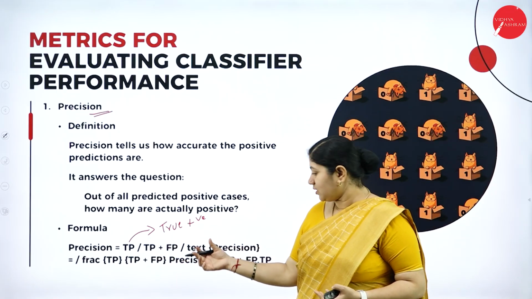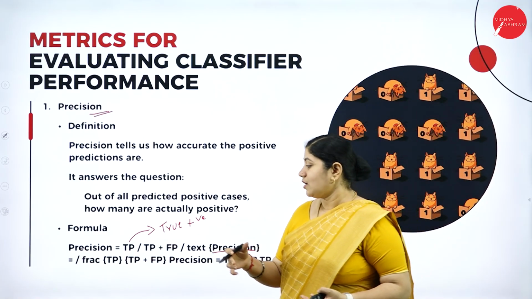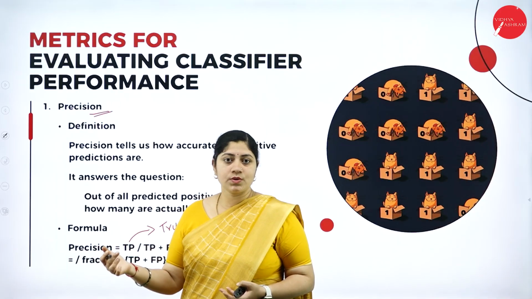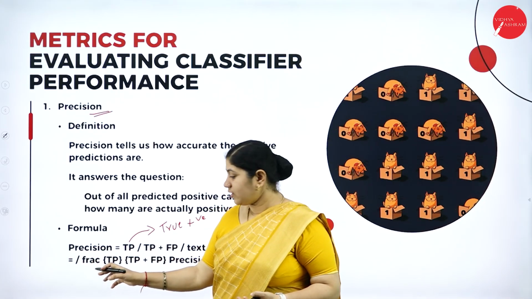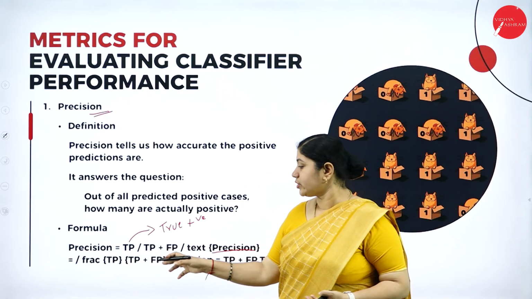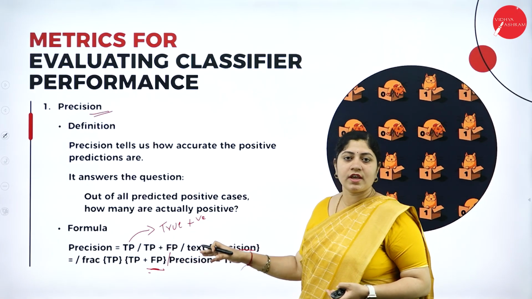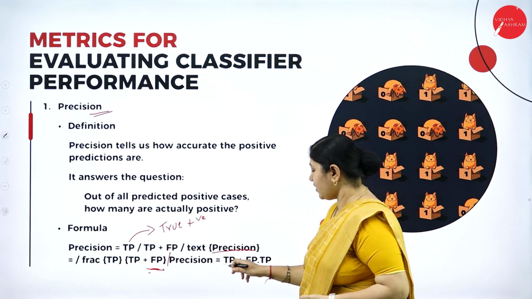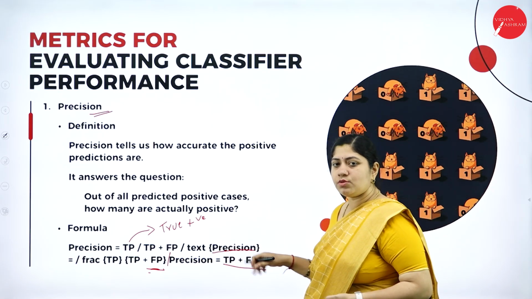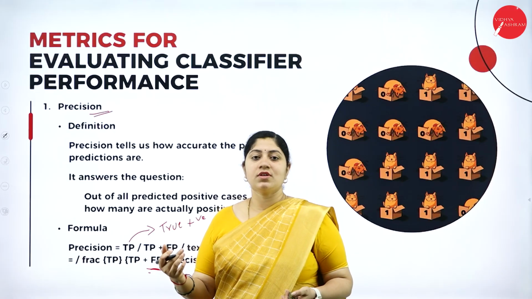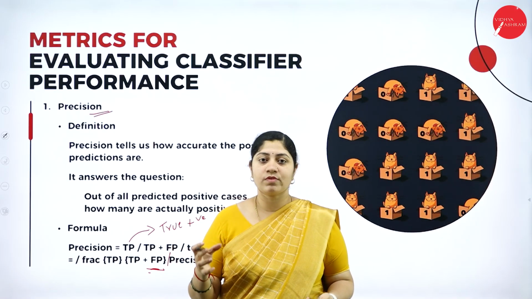It can also be written as the fraction of true positives over true positives plus false positives. Whichever formula we consider out of these, it provides an exact precision value.